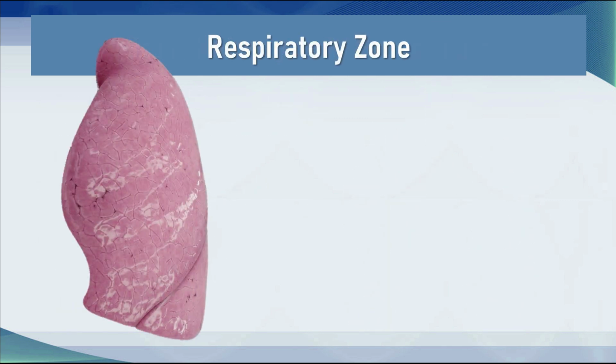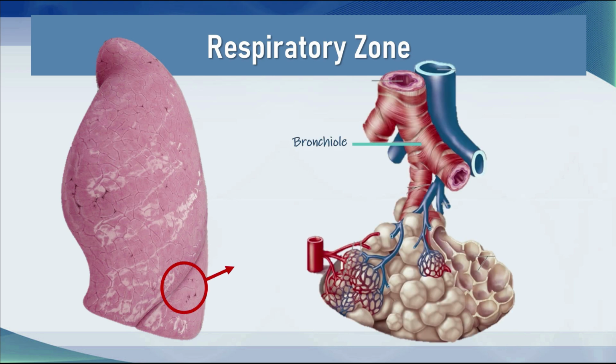This is a cartoon of the respiratory zone characterized by the bronchioles and the pulmonary arteries. Before I go further, I just point out that the pulmonary artery here is represented by a blue structure, and that's important to understand. Remember, pulmonary arterial blood is deoxygenated. It is mixed venous blood.